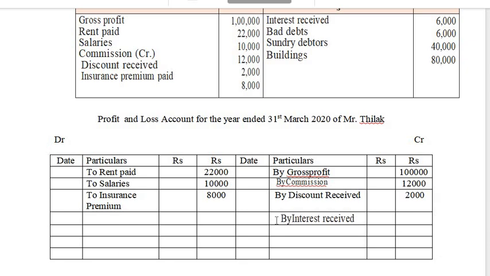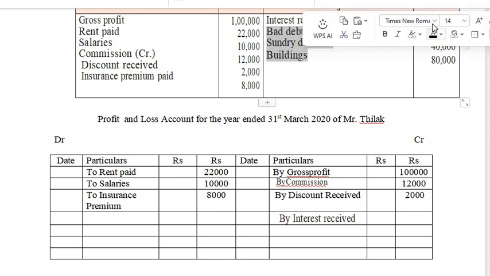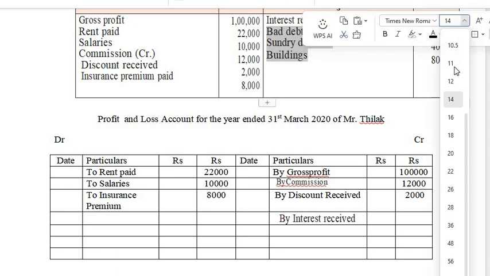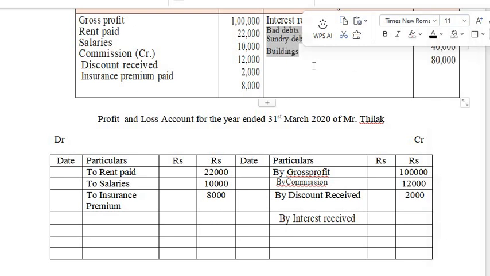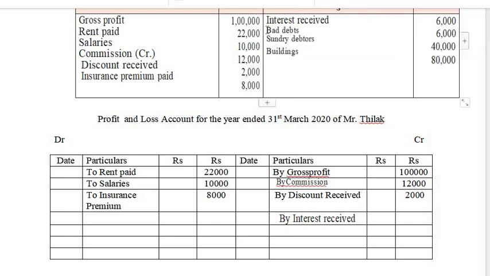Then bad debts is an expense. So bad debts expense, I'm going to write by 2 bad debts.